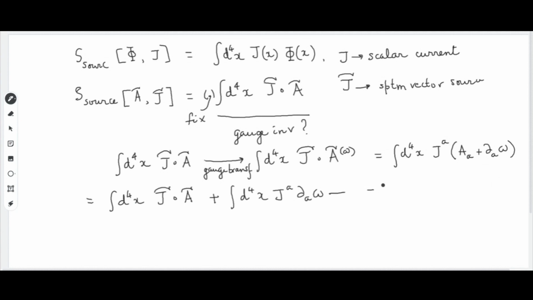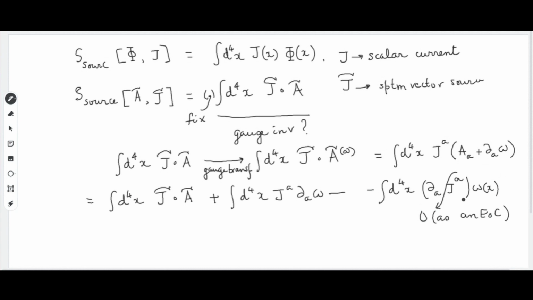If I do a partial integration, I get del_A J^A times omega of x. But if this is 0 as an equation of continuity, then I have no problem.